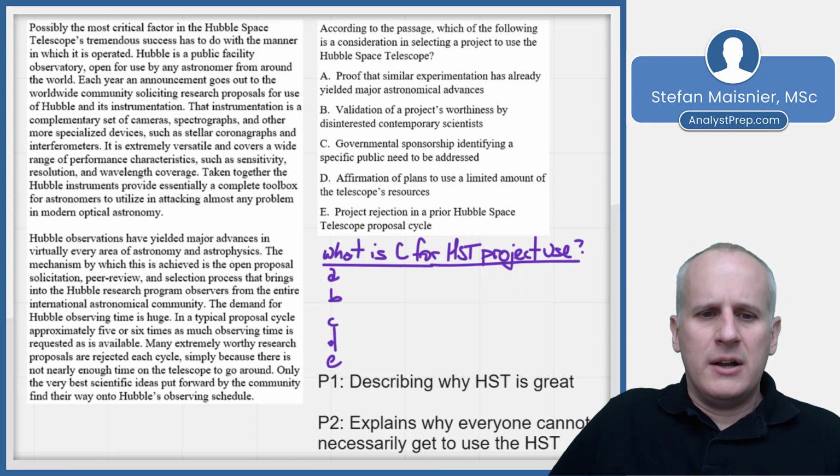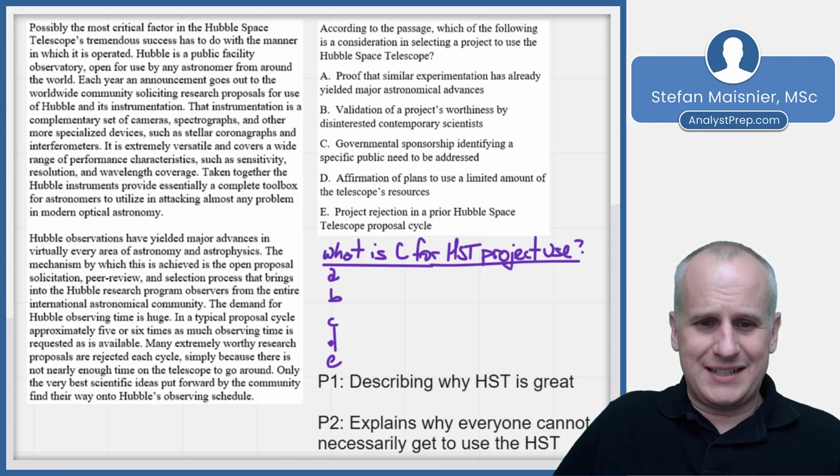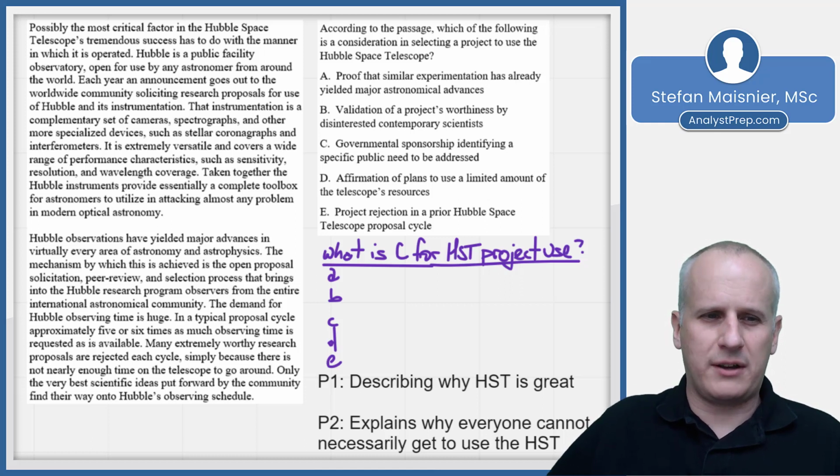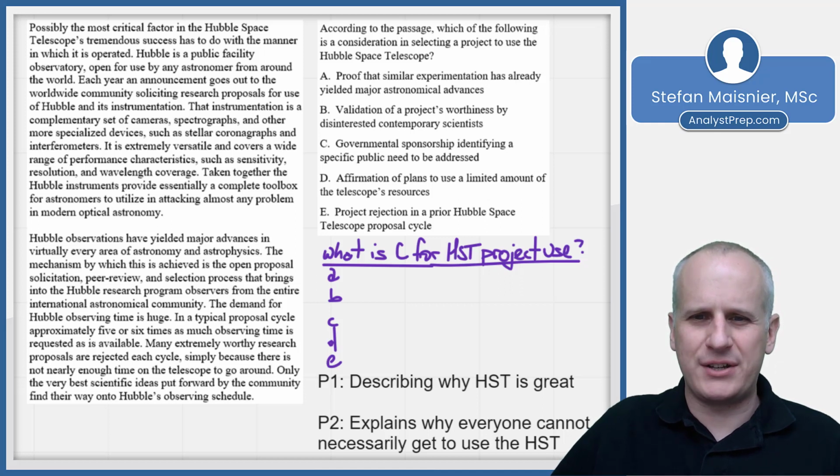So we have all of this information here. And because I know where to go, I can do a little bit more cross-checking from the answer choices. So proof that similar experimentation has already yielded major astronomical advances. Well, we haven't actually talked about proof of anything, and we know that some gets rejected, so A is out.